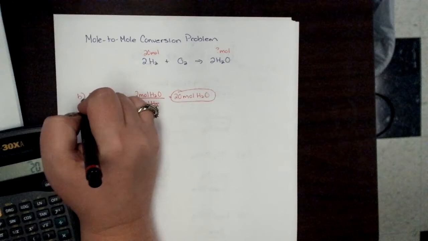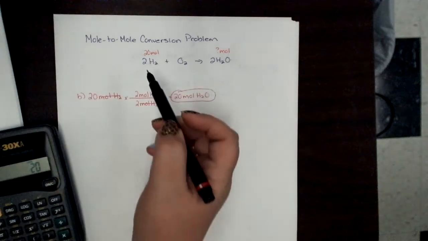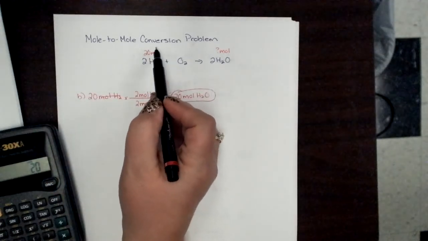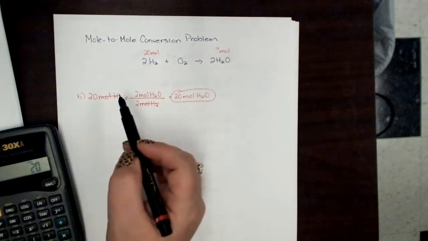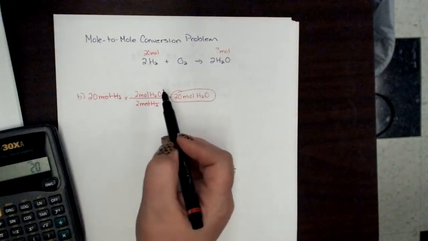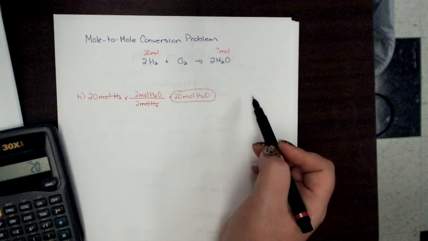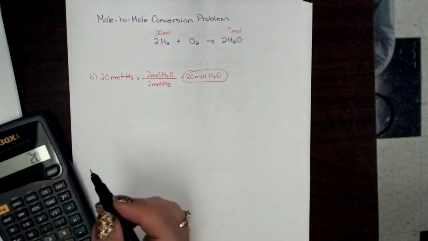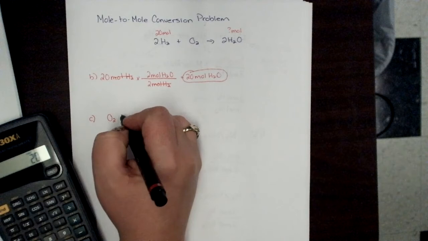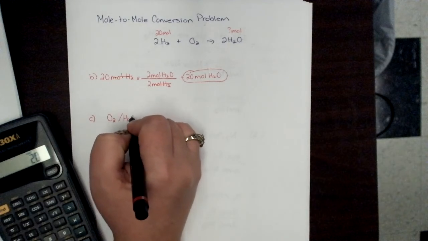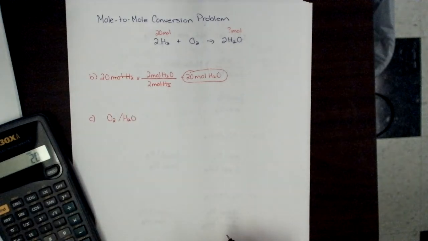So this is a mole-to-mole conversion problem. If they give you the given in moles and your unknown is in moles, you just simply use your given and the mole-to-mole ratio and work it out. So let's go on and look at C. For C, they want to know what is the oxygen-water mole ratio.